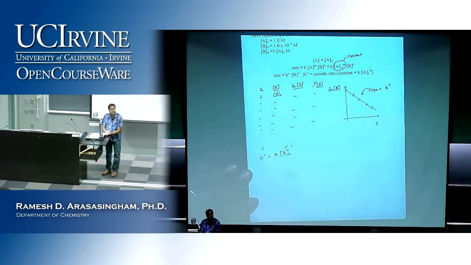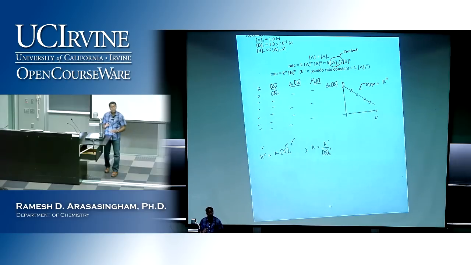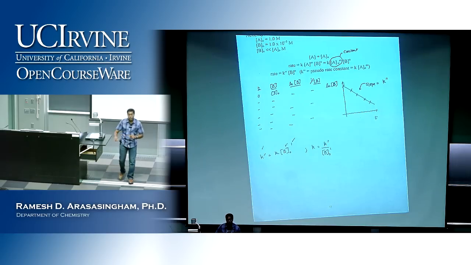This is the original concentration, which is 1 molar. I've already figured out it's first order. All right? So now I can rearrange that and find out the real rate constant for that reaction. K equals K prime over the initial concentration raised to the power 1 because it's first order.